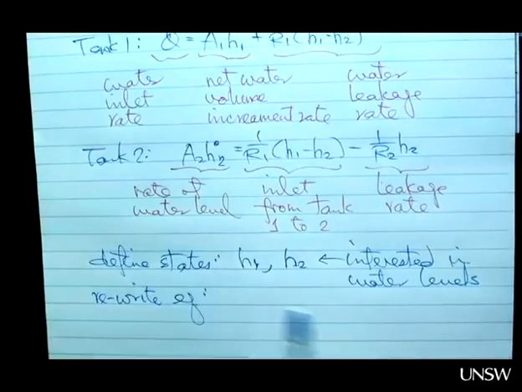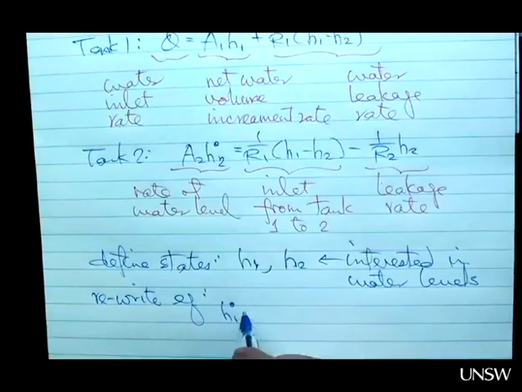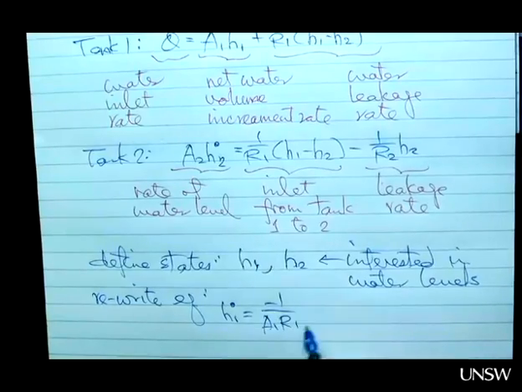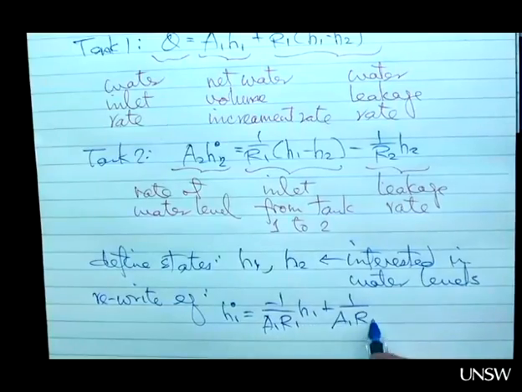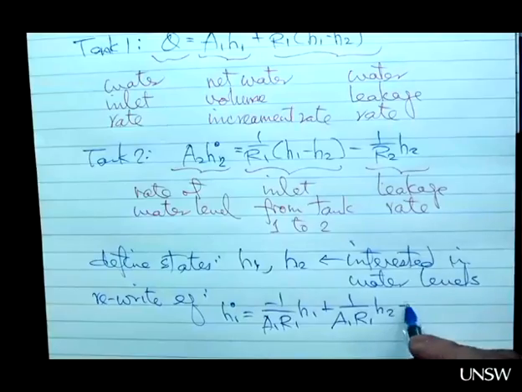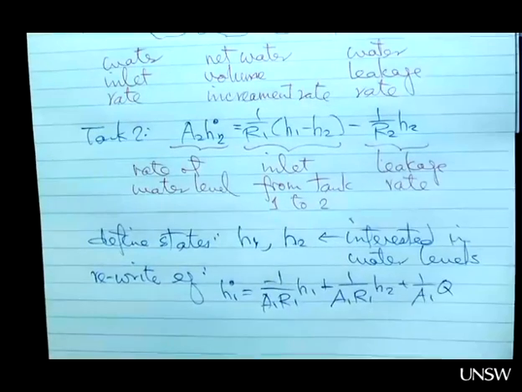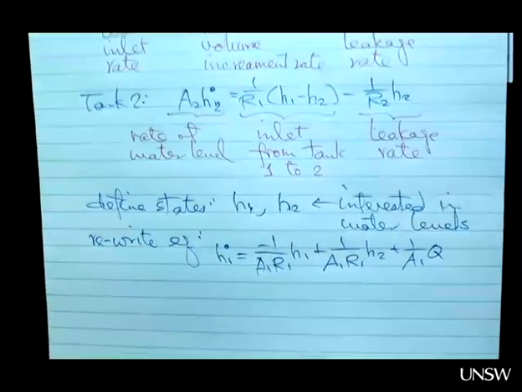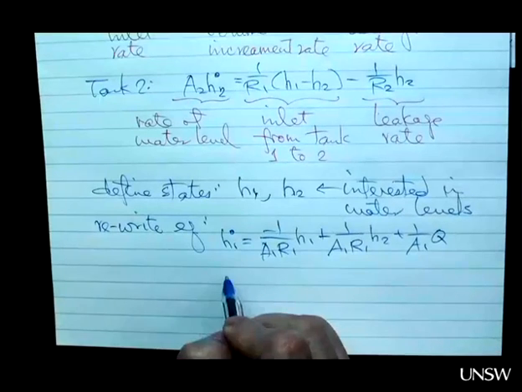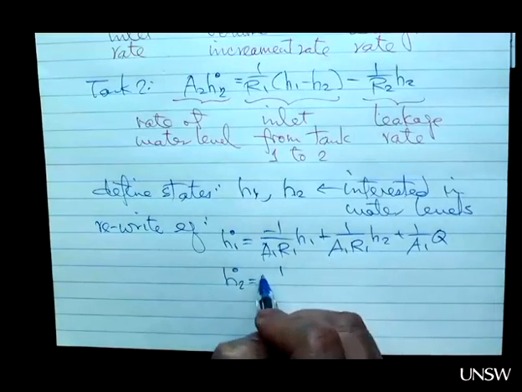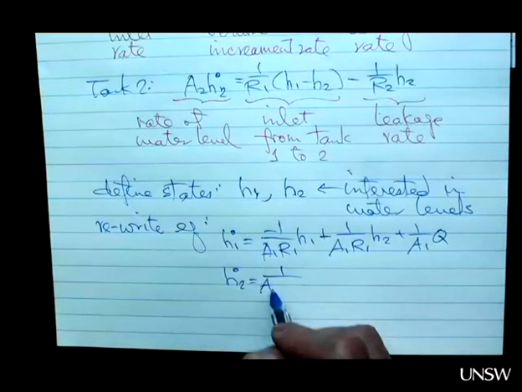We have the H1 time derivative equals minus 1 over A1R1, then H1 plus H2 over A1R1, plus 1 over A1 times the inlet rate. Then we also have H2, the water level of tank 2, equals 1 over A2R1 times H1, minus 1 over A2 times the outlet.